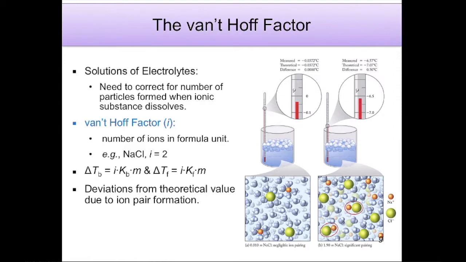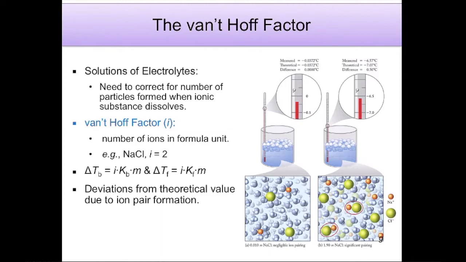Whereas if you put something like sodium chloride into water, it's going to break up into sodium ions and chloride ions. So remember, the colligative properties depend on the number of particles in the solution. So dissolving sodium chloride is going to result in 2 particles, right? Sodium plus and a chloride minus.